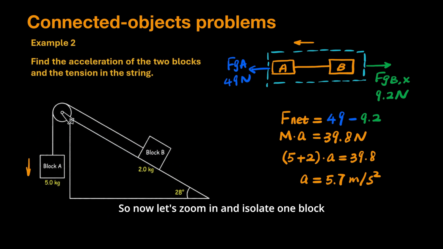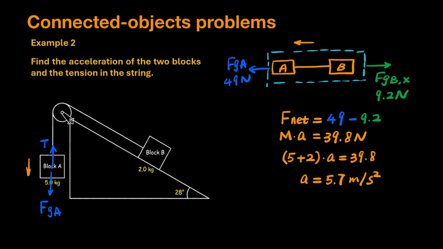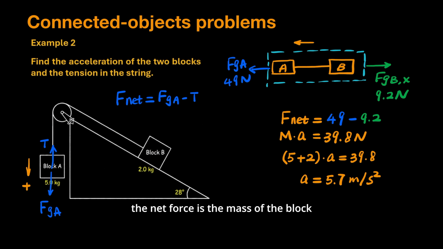So now let's zoom in and isolate one block. Let's use block A since its free body diagram is very simple. There are only two forces acting on it: gravity downward and tension upward. Taking downward as the positive direction, the net force is the gravitational force minus the tension. Using Newton's second law, the net force is the mass of the block multiplied by its acceleration.